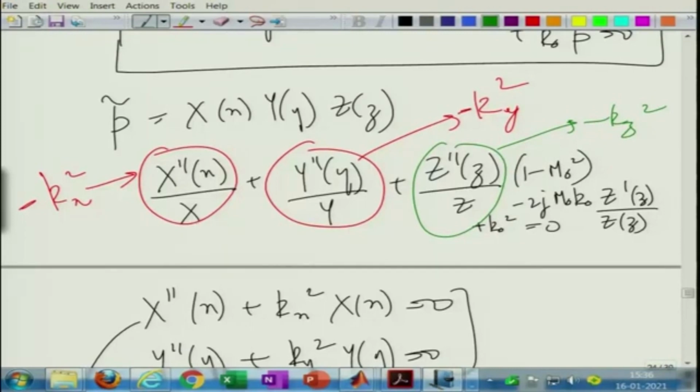Remember, in the 1D case, this term and this term were not there, and of course the other terms are there when you have a mean flow. Now suppose you set mean flow to 0, M naught is 0. Okay. So it is clearly evident that for the simple case of no mean flow and one dimensional propagation, simplest as it can get, kz square was equal to k naught square, or kz is equal to plus minus k naught, that is waves propagating along the positive z direction and negative z direction respectively.